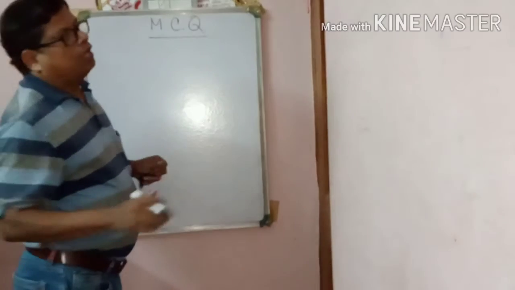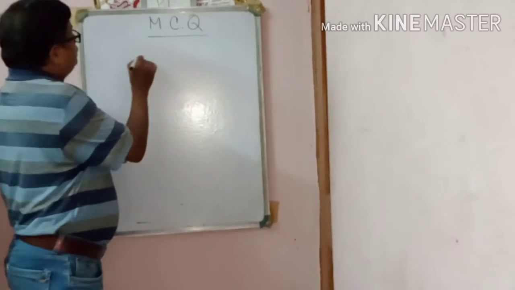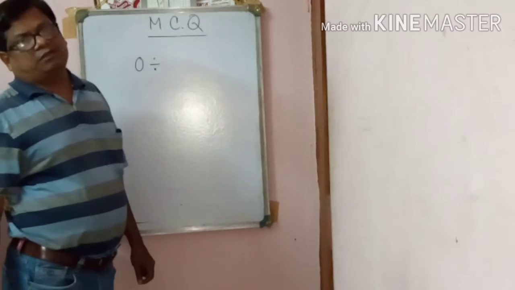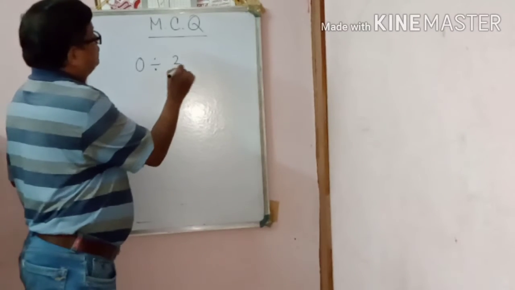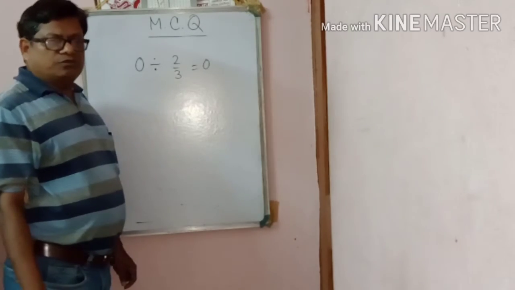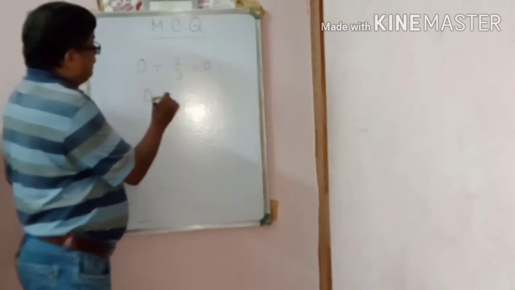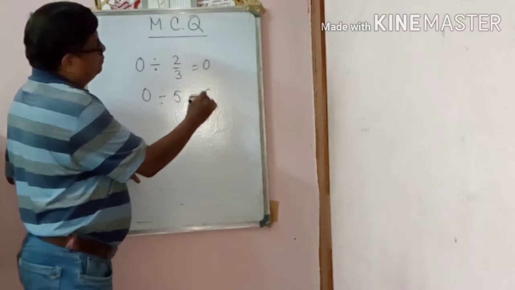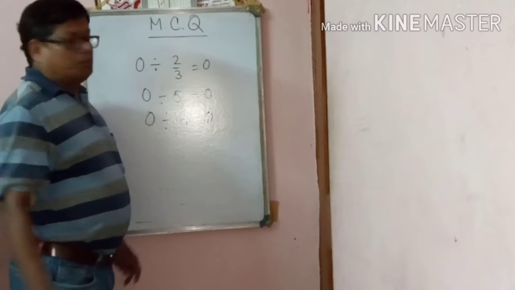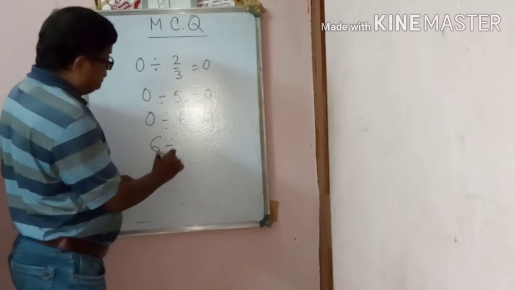All of you know zero divided by any non-zero number, suppose 2 by 3, is always 0. So 0 divided by 5 is 0, 0 divided by 6 is 0. But if we write 6 divided by 0, what is the value?